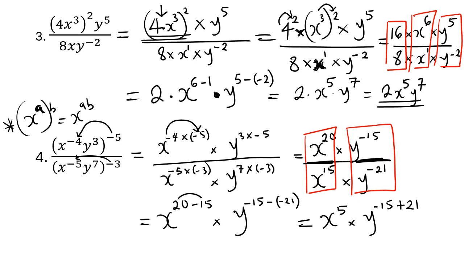So we know that negative 15 plus 21 is going to be positive 6. I'm just going to remove this expression here and write positive 6. Which means your final result will be x to the 5th power and y to the 6th power. This is very good.